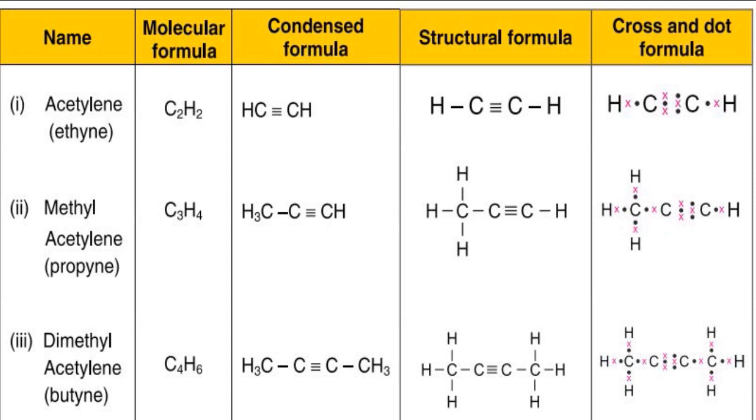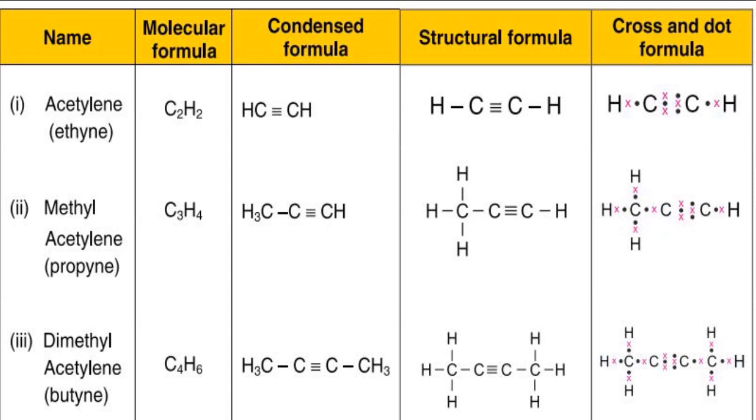Now this is a beautiful chart showing the molecular formula, condensed formula, structural formula, and cross and dot formula of alkynes. In my previous videos, you can watch and memorize in detail all these formulas. Now, acetylene has two carbon atoms with two hydrogen atoms. In the molecular formula, we are not able to see bonding, okay?